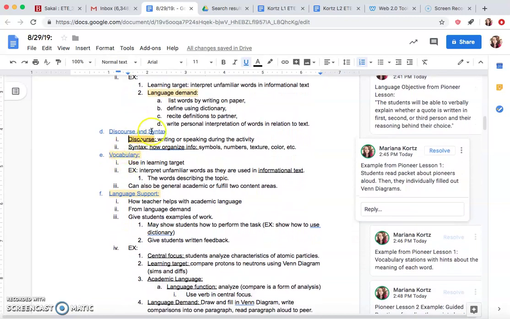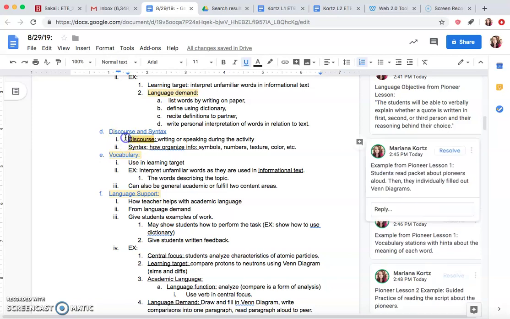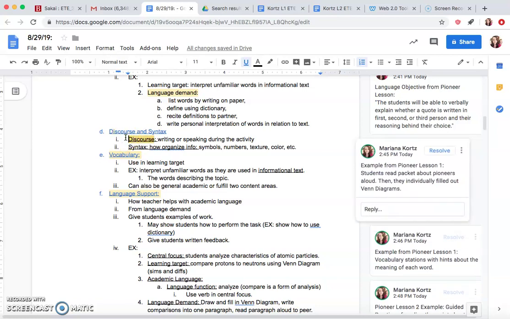Another one that was spoken in the EdTPA handbook is one of the aspects of academic language is discourse. And as I was perusing through my lessons, I found an example of discourse. In one of my lessons that I wrote last year, I included information about the pioneers.